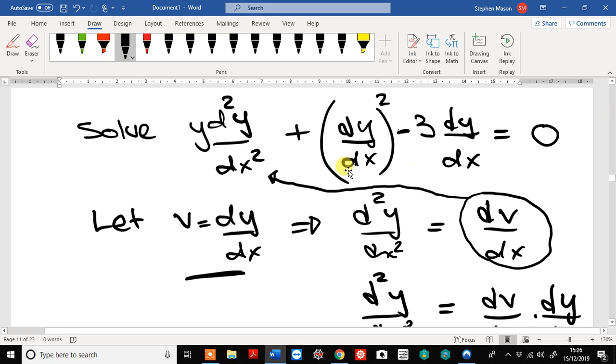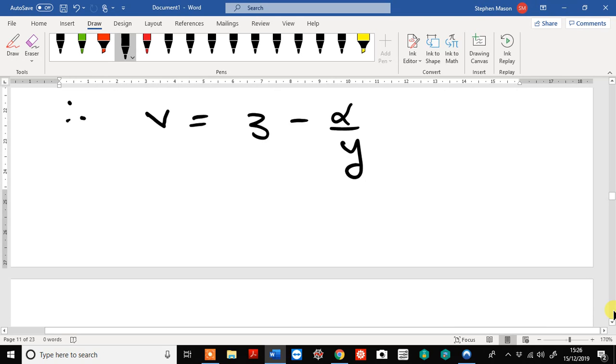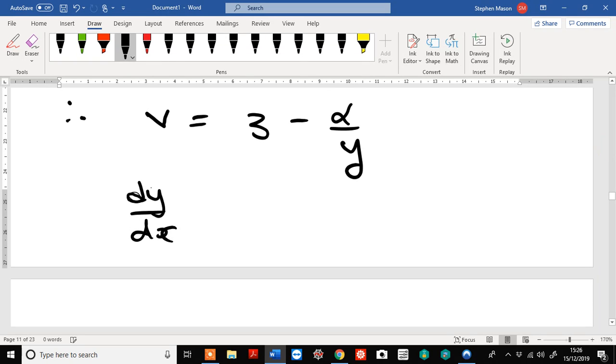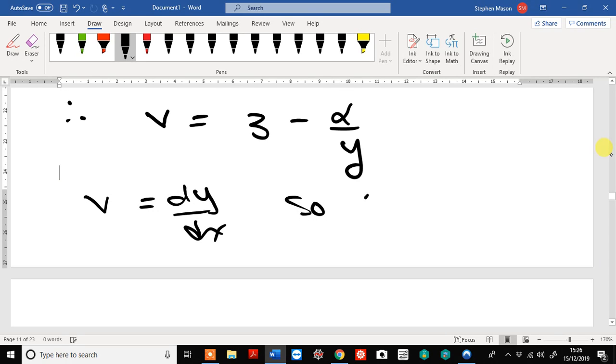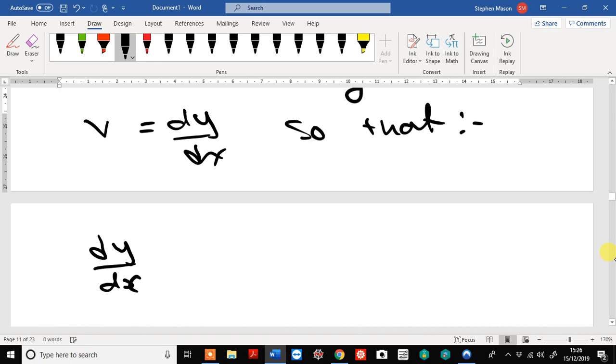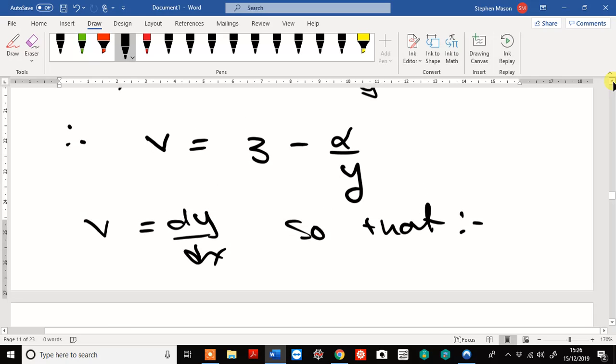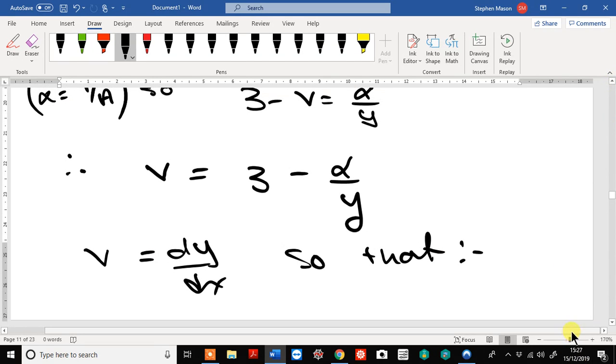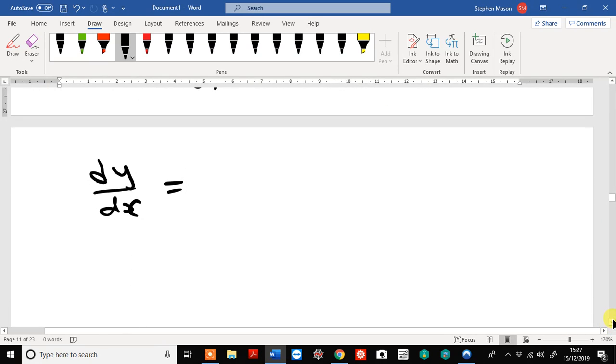So we substituted v in for dy by dx, so v equals dy by dx, so that dy by dx is equal to, I think I've forgotten already, 3 minus alpha over y. Okay.